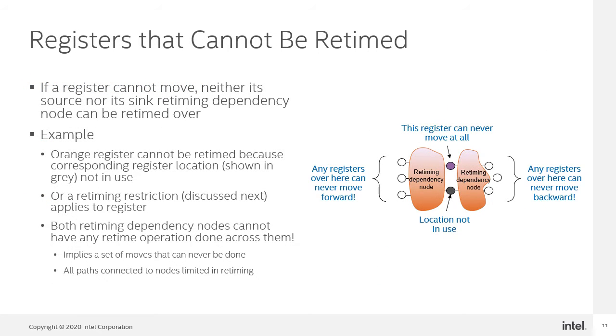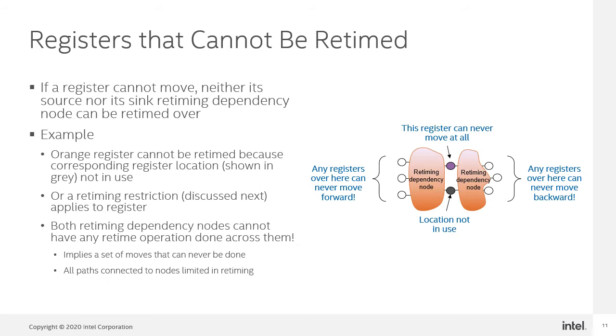Because of the interaction of registers around retiming dependency nodes, if a register is blocked from moving, then neither its source or sink retiming dependency nodes can be retimed over. This can occur if the register itself is blocked from moving or if a corresponding register, another input or output to the same retiming dependency node, cannot move.